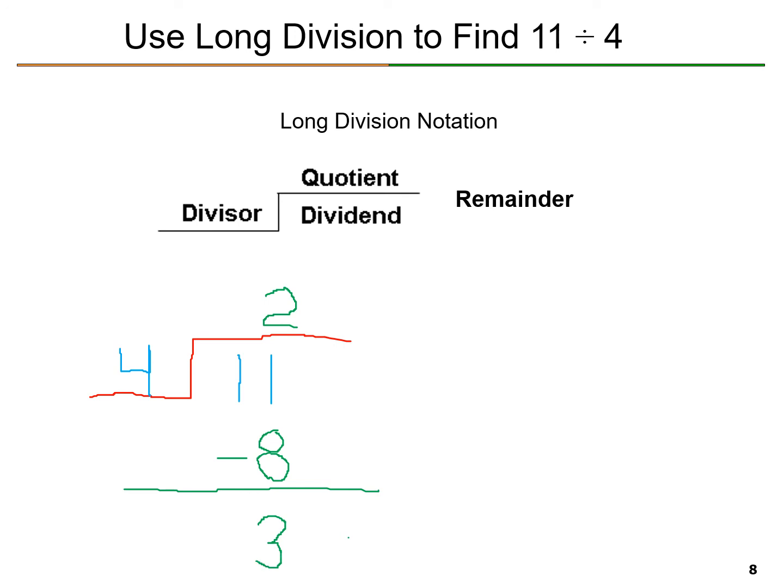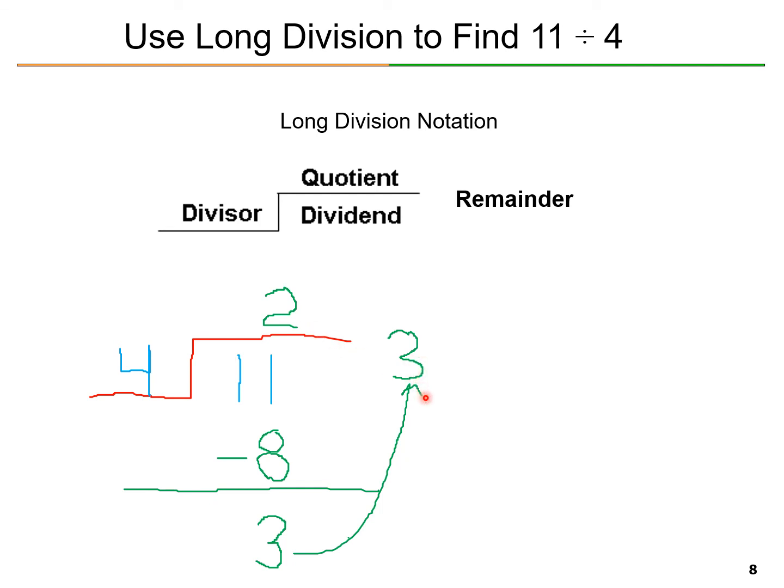Okay, and to be consistent with this notation up here, we're going to move the 3 over here because 3 is the remainder. So let's put the remainder where it belongs. So 11 divided by 4 is equal to 2, the quotient, with the remainder of 3.